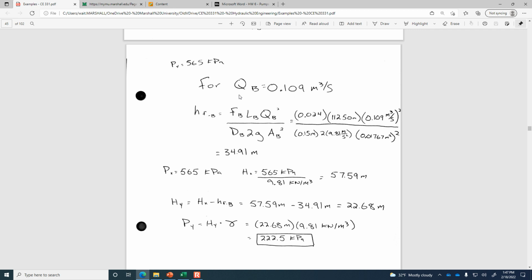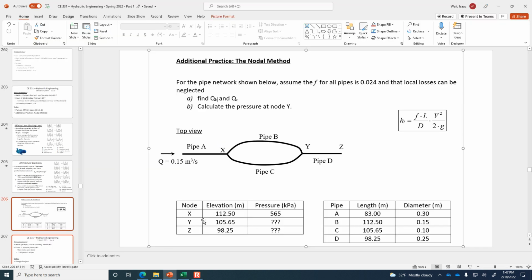I'm looking at it, and it looks like I didn't account for the elevation change, did I? Because we go from 112.5 down to 105.65. So I'm going to have to further adjust the pressure because of that.